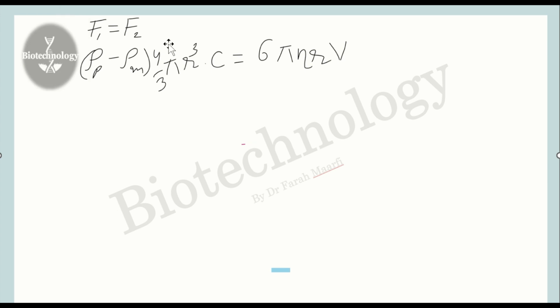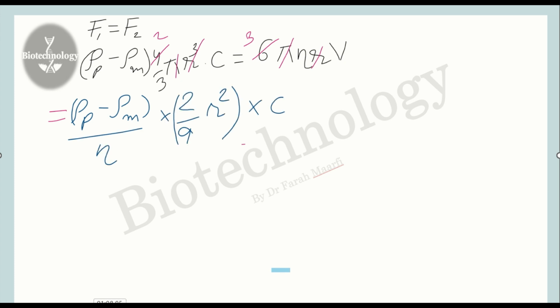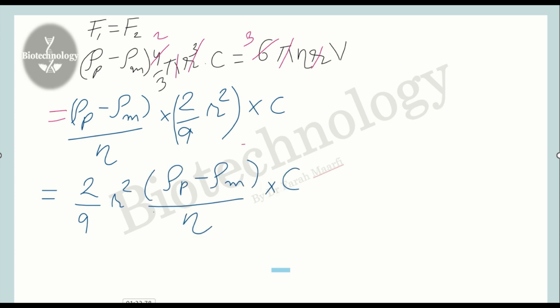So when we cancel this 4 with 6, we will get 2 here and 3 here, and we cancel out this pi with pi, r with another r, we will get r square here, and then the equation will become V equals (rho P minus rho M) upon eta into 2 by 9 r square into C. When we simplify it more, V equals 2 by 9 r square (rho P minus rho M) upon eta into C. This is the sedimentation velocity.